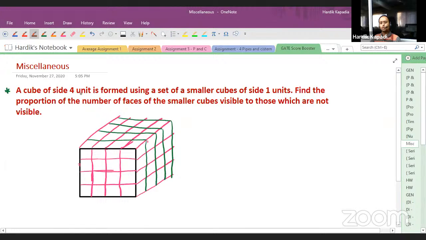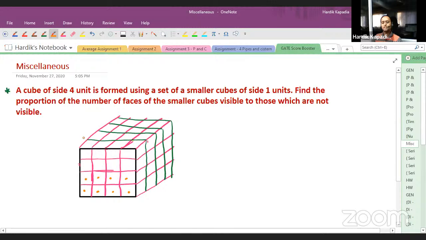A cube of side 4 unit is formed using a set of smaller cubes. So for this, we have arranged smaller cubes of side 1 unit. You can say it is a brick which is used to build a house. Half of a brick is a cube. We'll place it first over here, first, second, third, fourth, fifth, sixth, seventh, like this.